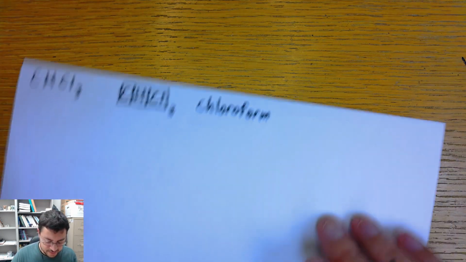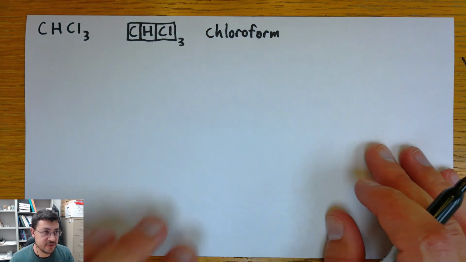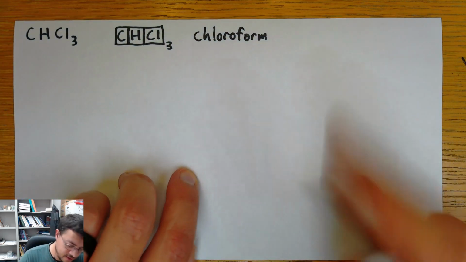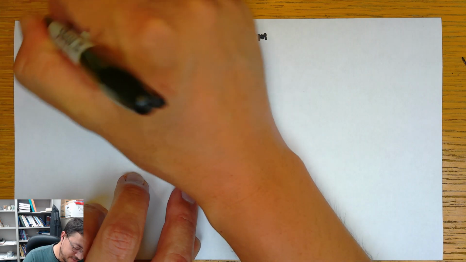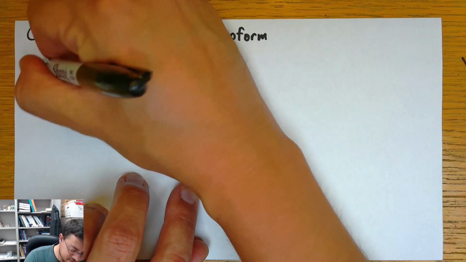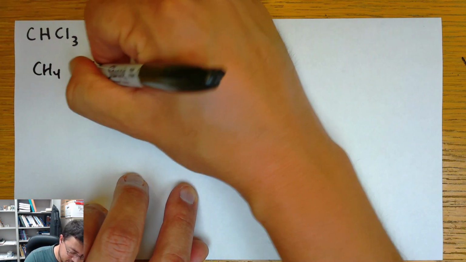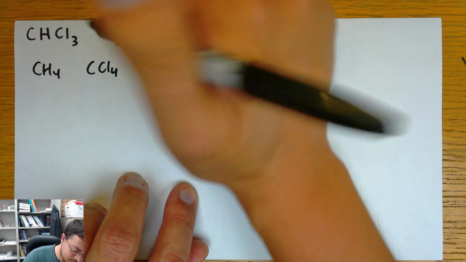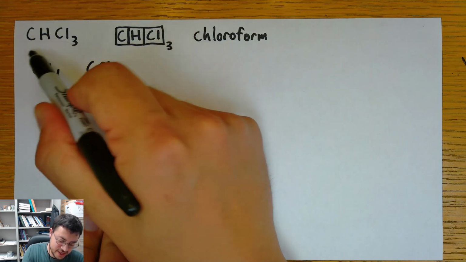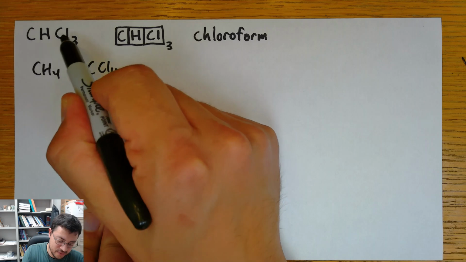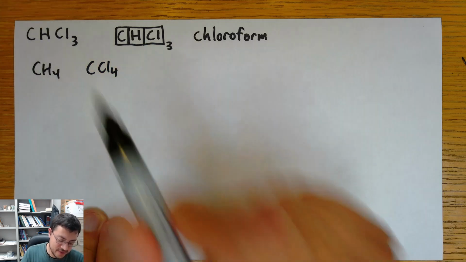All right, next up, CHCl3, chloroform. So this is going to be similar to CH4. This is going to be similar to CCl4. We kind of have an in-between scenario where instead of 4 chlorines, one of them is a hydrogen.